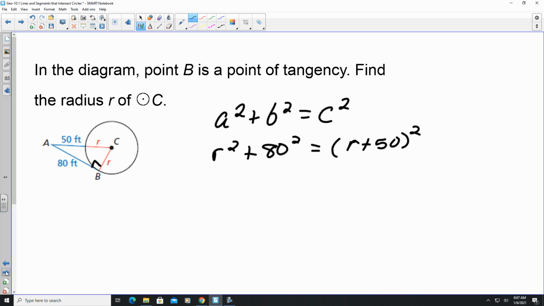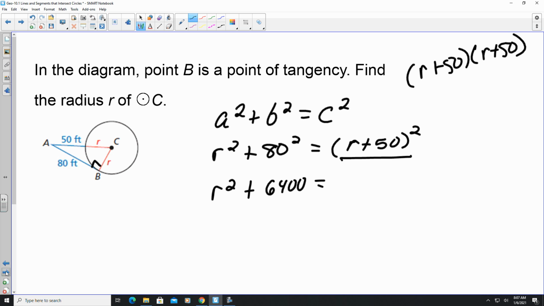On the left-hand side of the equal sign, I get R squared plus 80 squared, which is 6,400. Then this you have to expand. Remember that this is R plus 50 times R plus 50, so you have to FOIL it out.